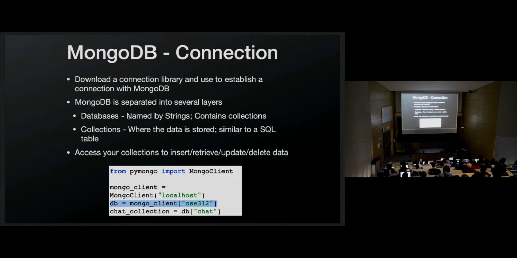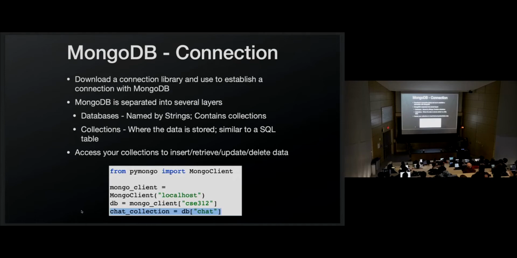And each database can have any number of collections that you'll grab from that database. These collections are similar to the SQL tables, except you don't have to set anything up beforehand. There's no structure to the data. You don't have to specify your columns or anything. You're just going to stuff dictionaries into these collections. But you have to access the collection.